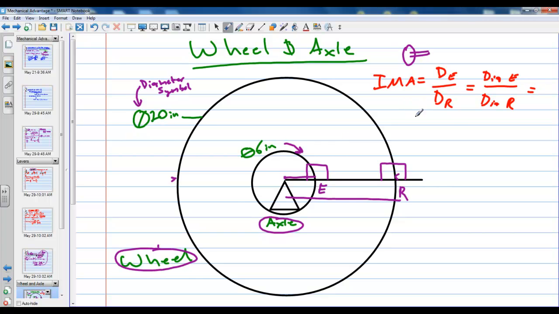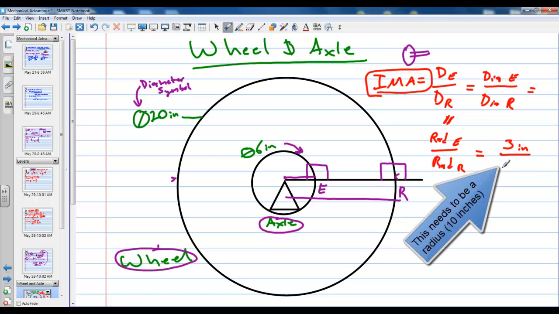I could also say that it's the radius of the effort over the radius of the resistance, because the radius is our distance. That will give us the IMA. In this situation, it equals 3 inches divided by 20 inches. And on our calculator, 3 divided by 20 is 0.15.